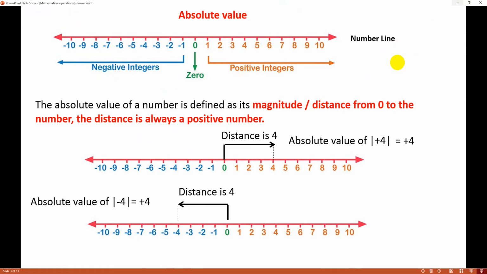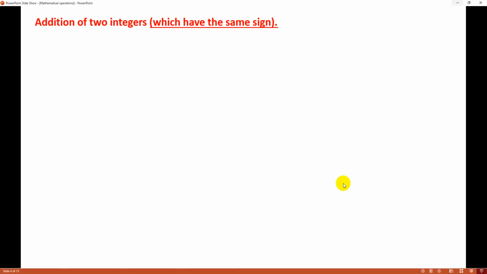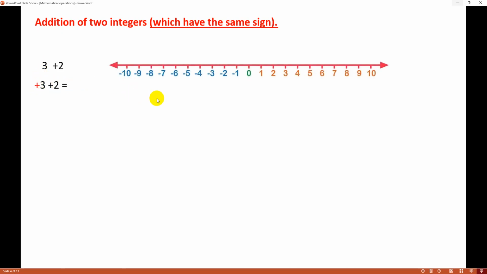Okay, now we're going to be talking about addition of two integers which have the same sign. When we have two integers that have the same sign, 3 plus 2, remember this is the same as saying positive 3 plus positive 2.